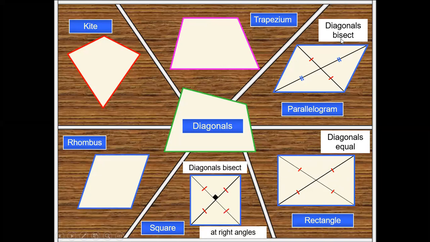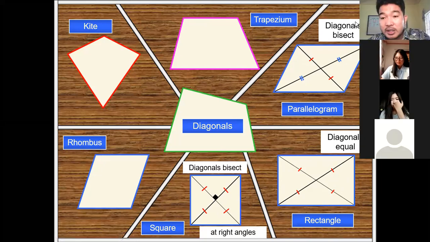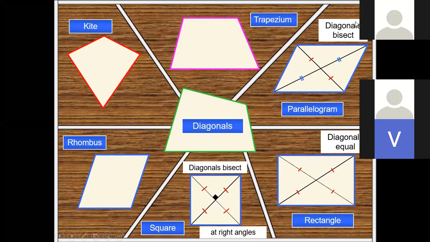Ayan. Diagonals bisect one another at right angles. Ibig sabihin, yung na-form na angle dito sa gitna, right angle yon, and the measurement of right angle is always equal to... Abigail, what is the measurement of the right angle? Abigail, are you still there?